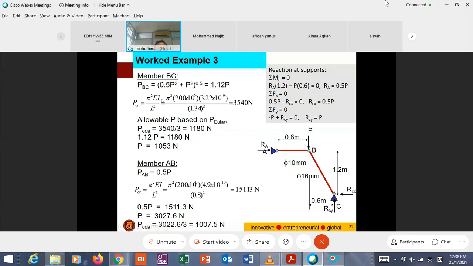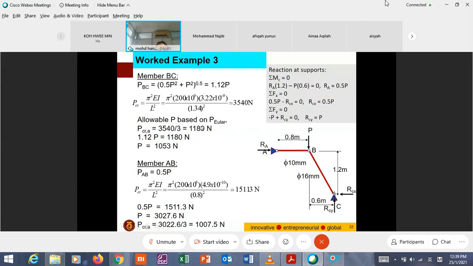And we know that for member BC, the critical buckling load is equal to pi squared EI over L squared, equal to 3540 Newton. Using a factor of safety of 3, allowable P based on P Euler is equal to 1180.